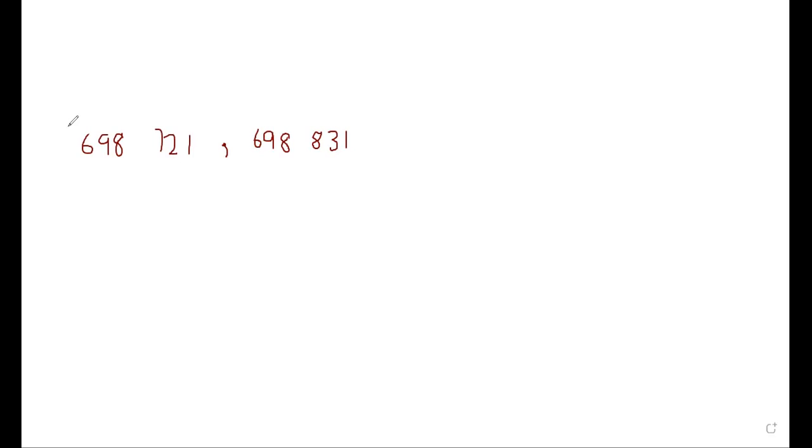So the first step is to make a place value chart and write both the numbers in it. We know what a place value chart is. A place value chart means that you have to write unit, 10, 100, then 1,000, 10,000 and 100,000.